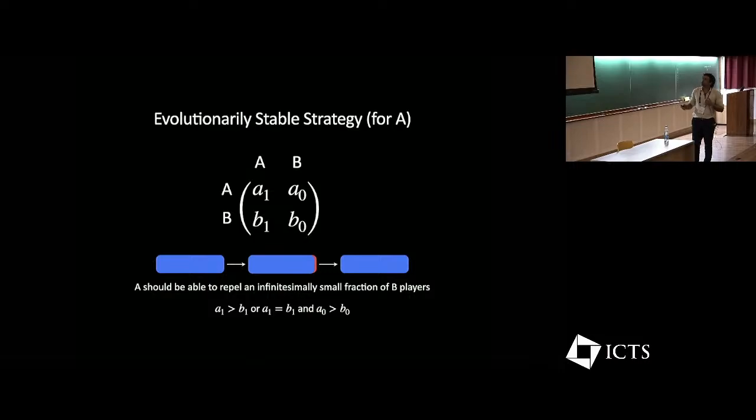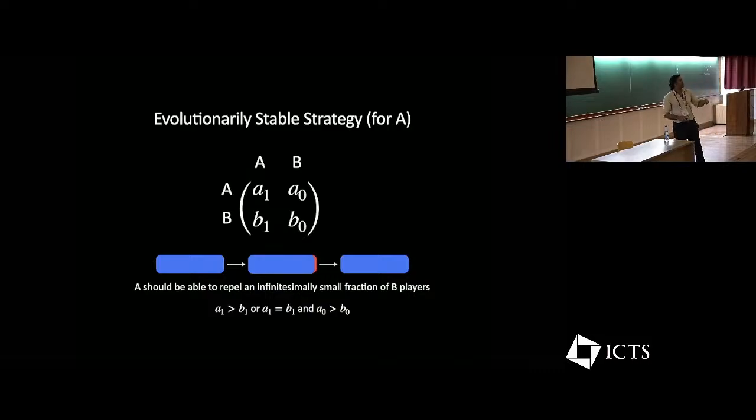With that, you can immediately come to the concept of an evolutionarily stable strategy. Thinking about A being an evolutionarily stable strategy, what is required? Well, A should be able to repel an infinitesimally small amount of B individuals who try to invade the population. You can have two different definitions of this ESS. The strict one says that A1 should be larger than B1, so if everyone is at A, there should be no B trying to invade it.